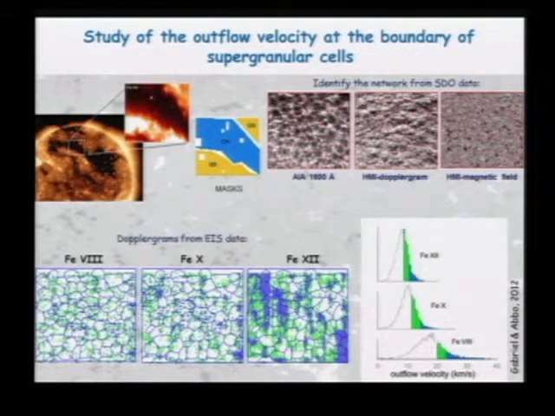So we divided the observation of ice in two parts. We identify a coronal hole and a quiet sun region. And then for identifying the network of the supragranular cells, we used the SDO data, mainly the AIA continuum data, 1,600 Angstrom.